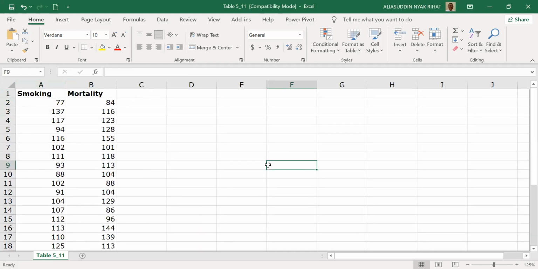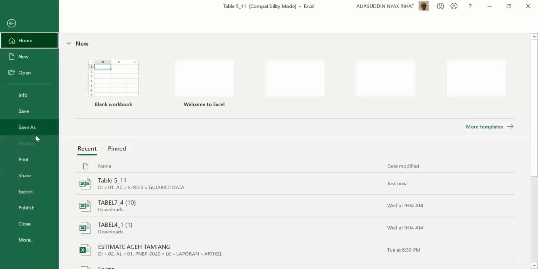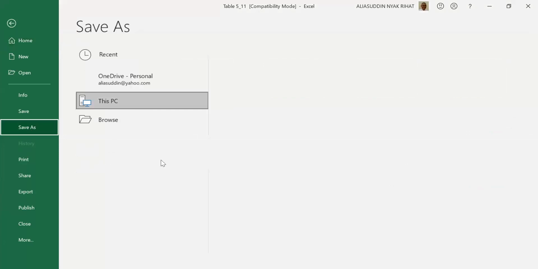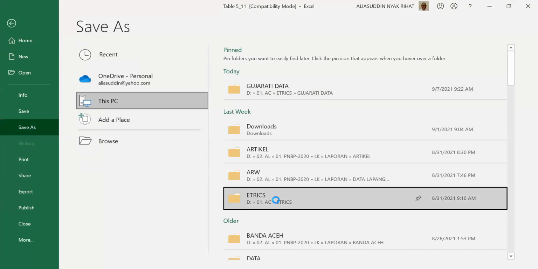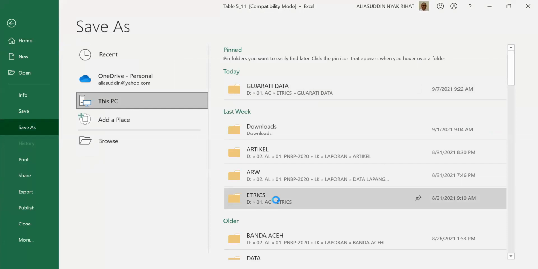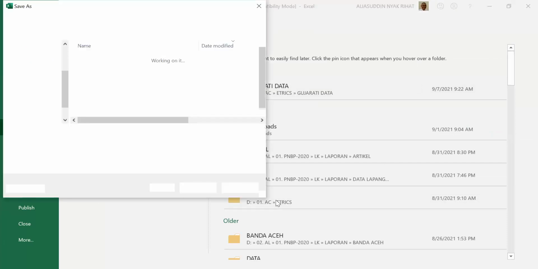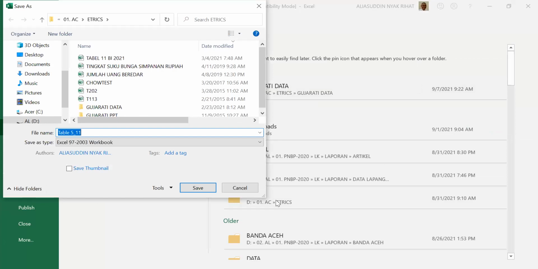That means we have 25 samples. Okay, we save this one as smoking and death.